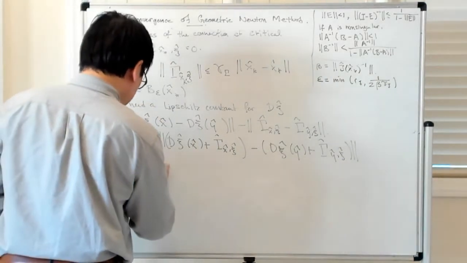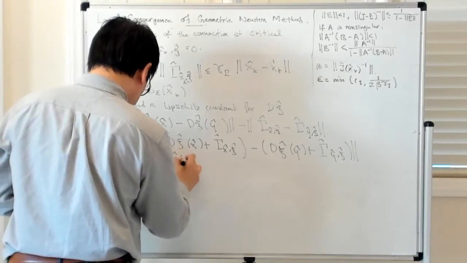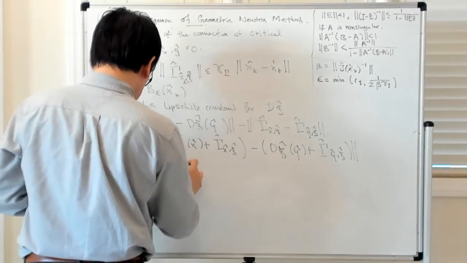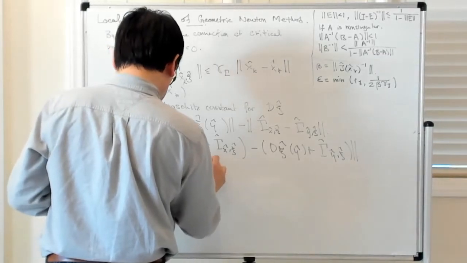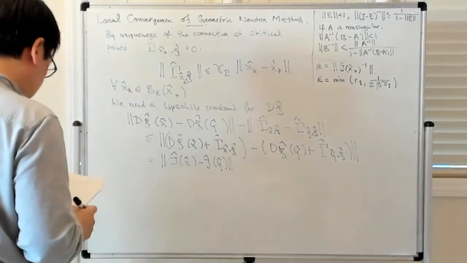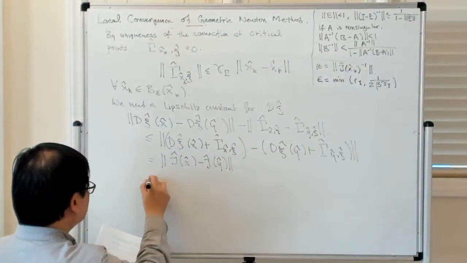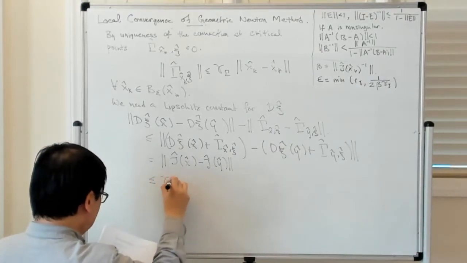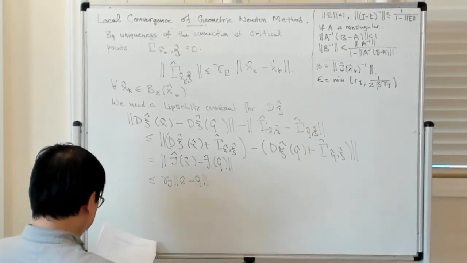So this is by definition equal to the Jacobian. And then this thing we have an estimate for, which is less than or equal to gamma j times x hat minus y hat.